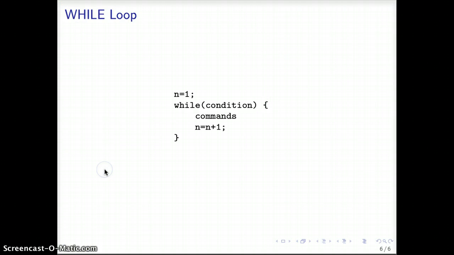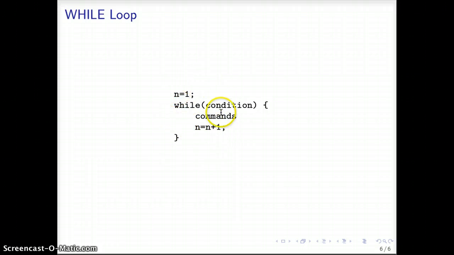A while loop has the same spirit, it is a repetition like for loops, but this is the general format or the general structure of a while loop. The condition is specified between parentheses, and between braces we can specify the commands. Here we can have a temp variable, some kind of counter variable, which we initialize outside and update inside the while loop.